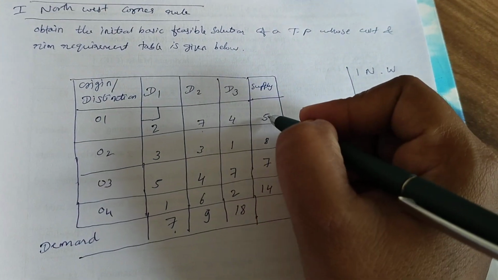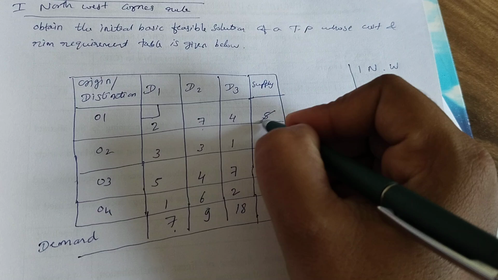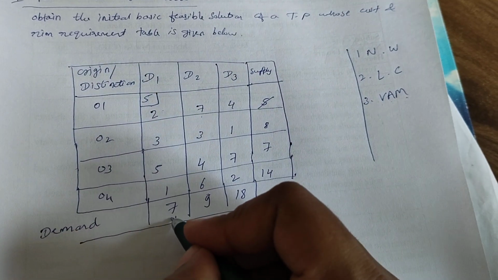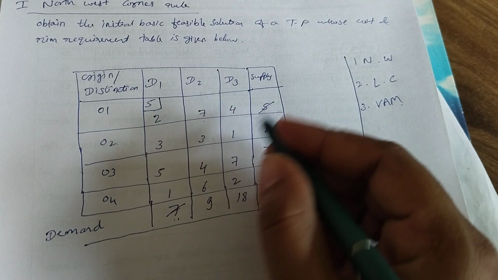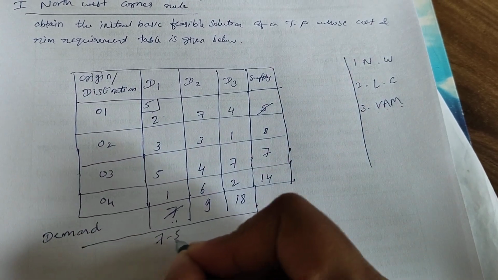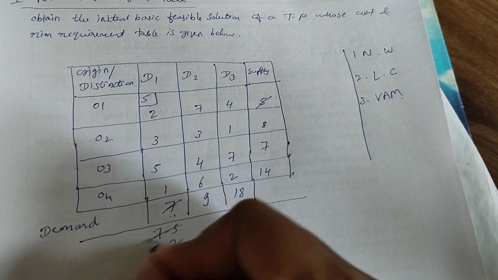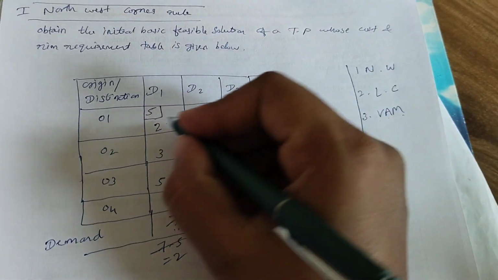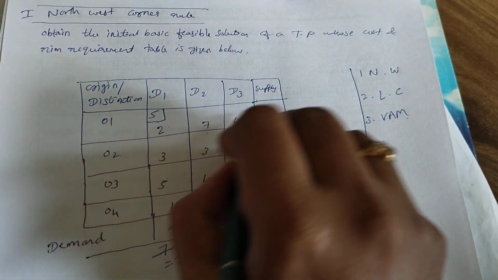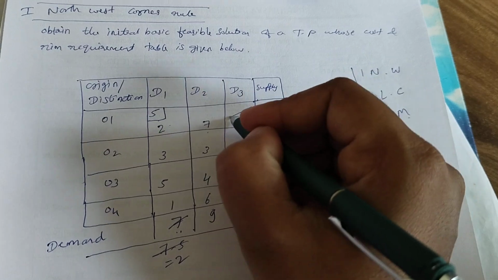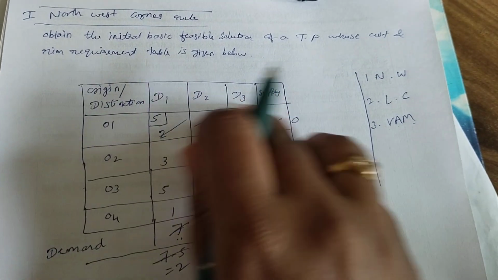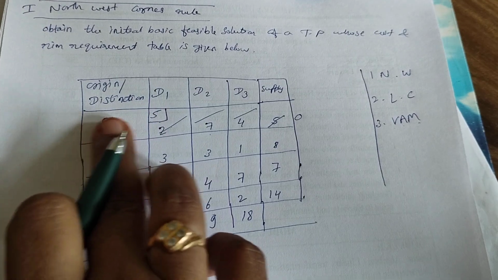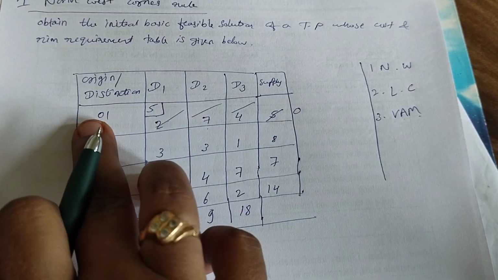So whatever is present in the supply is totally supplied to this destination, and among the 7 demands, 5 is supplied. So 7 minus 5, the remaining is 2. 2 is left in the demand part. The total supply from origin 1, O1, is fulfilled, so this row is deleted.